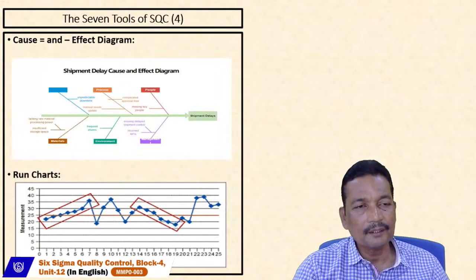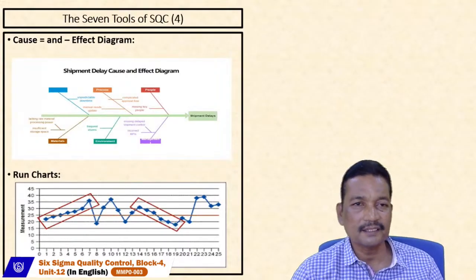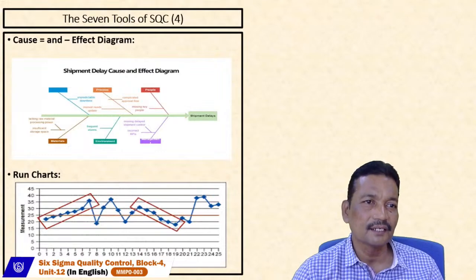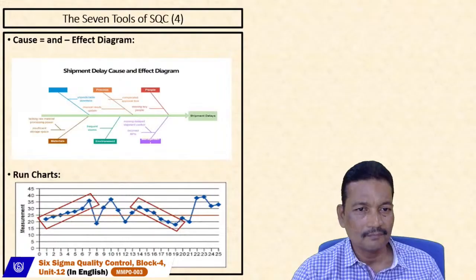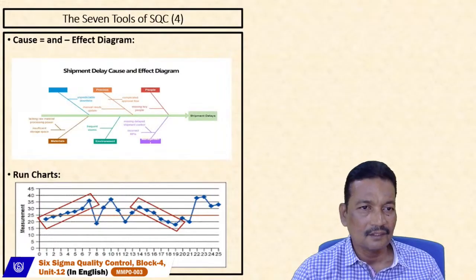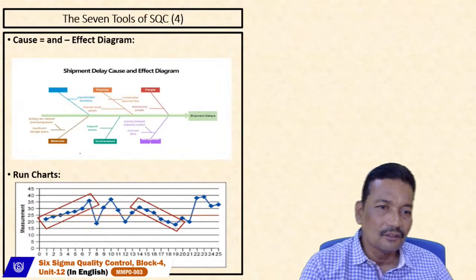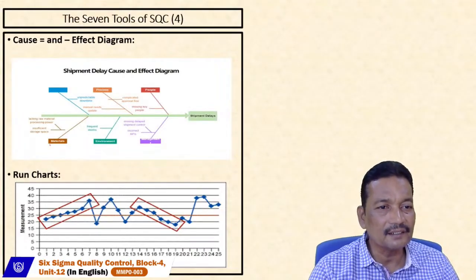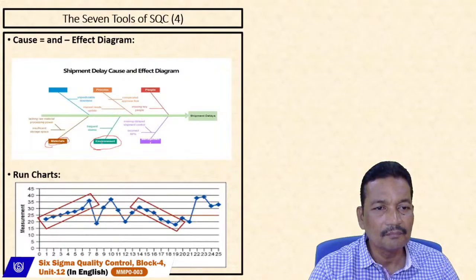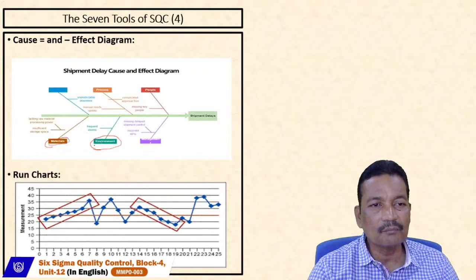Another important tool of statistical quality control is cause and effect diagram. Now, here you see we have materials, here we have environment, process, people.